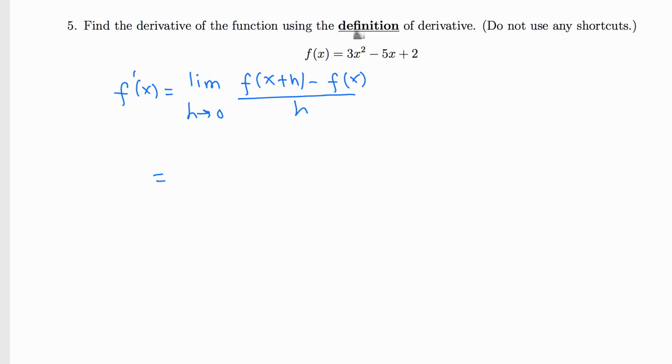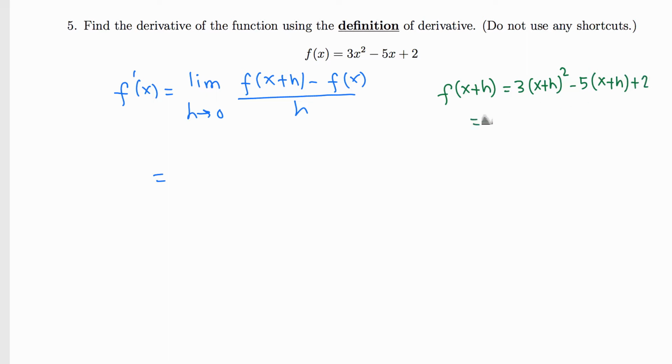So the function is given here. So this part is 3x squared minus 5x plus 2. So we always have to find what is f of x plus h. Okay, that can be challenging at times. So f of x plus h is replace x throughout by x plus h. So this is simply 3 quantity x plus h squared minus 5 times x plus h plus 2.